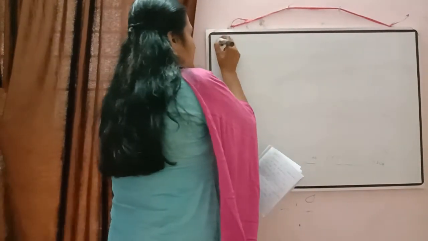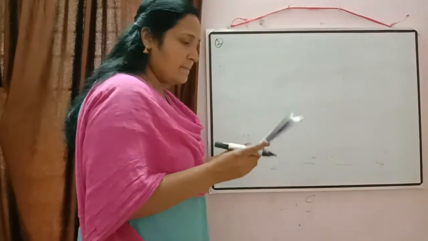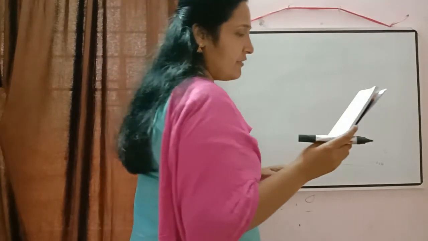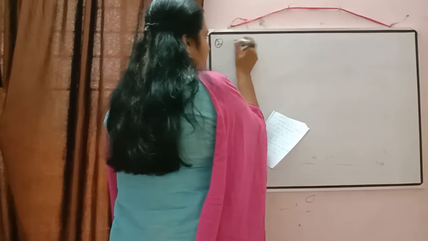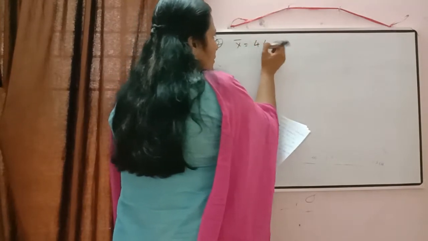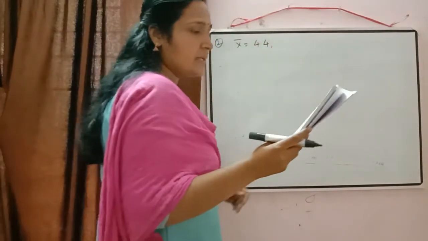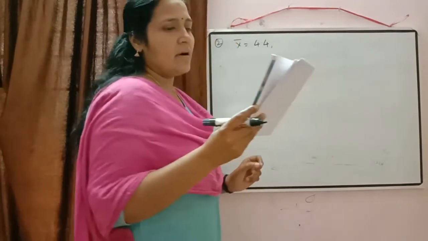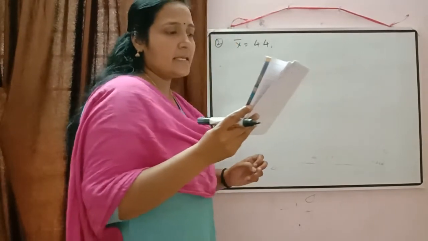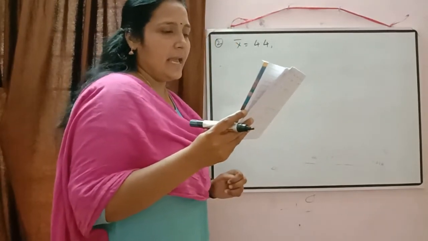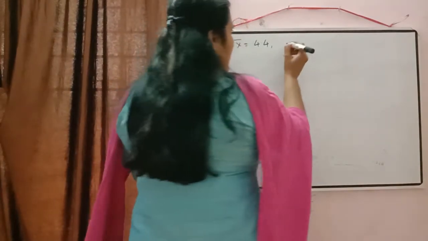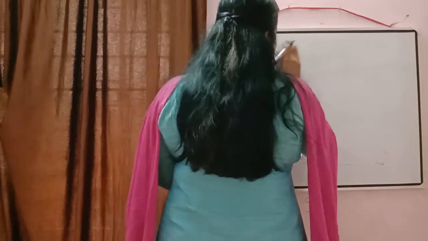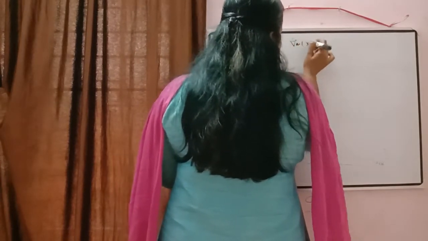Question number 2. In question number 2, it is written, the mean of 5 observations is 4.4. So it is given x bar is equal to 4.4. Just write down the question there. The mean of 5 observations is 4.4 and their variance is 8.24.